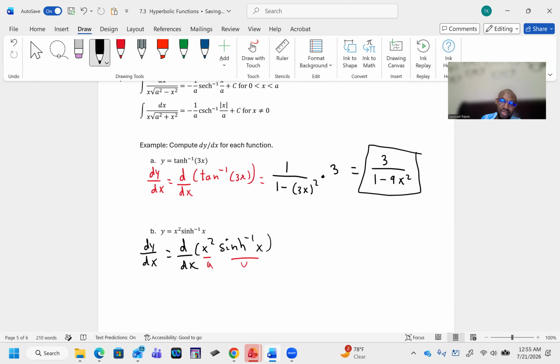The derivative of x squared is 2x, times the inverse hyperbolic sine of x, plus x squared times the derivative of inverse hyperbolic sine, which is 1 divided by square root of x squared plus 1, right?